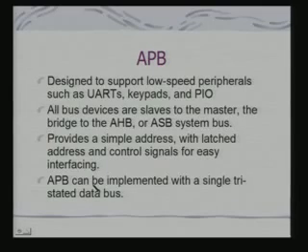An APB can be implemented with a single tri-stated data bus. So it's very similar to the kind of bus you encountered with the 8085 or 8086 family. It also has the address latched, and control signals. So it's a very simple, straightforward bus.